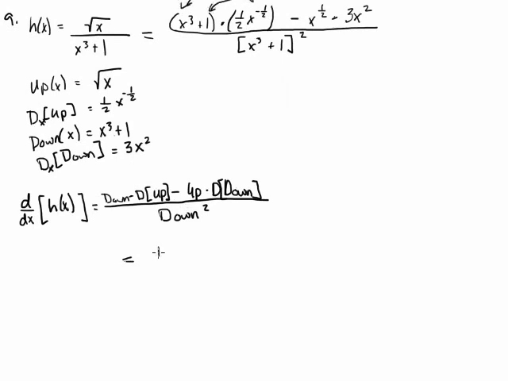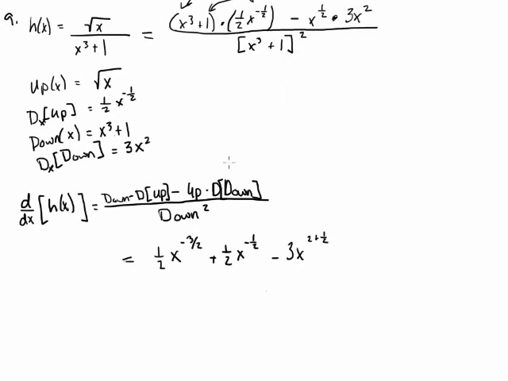This gives me 1/2 x to the negative 3/2 plus 1/2 x to the negative 1/2 minus, and these two are being multiplied, so x to the 1/2 times x squared is x to the 2 plus 1/2.